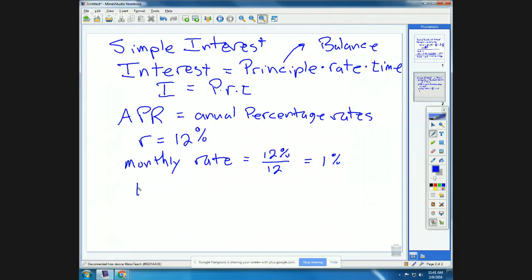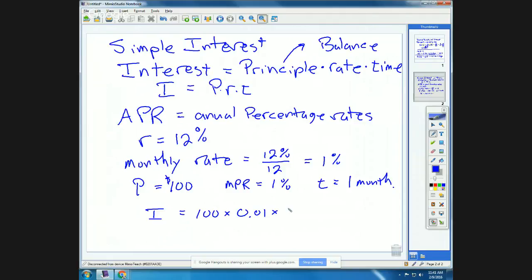So if I had a $100 balance, and I'm going to use the 1% monthly rate, call that an MPR, monthly percentage rate. And for time, 1 month went by, then my interest would just be 100 times 1% as a decimal times 1. So 1% of 100 is $1.